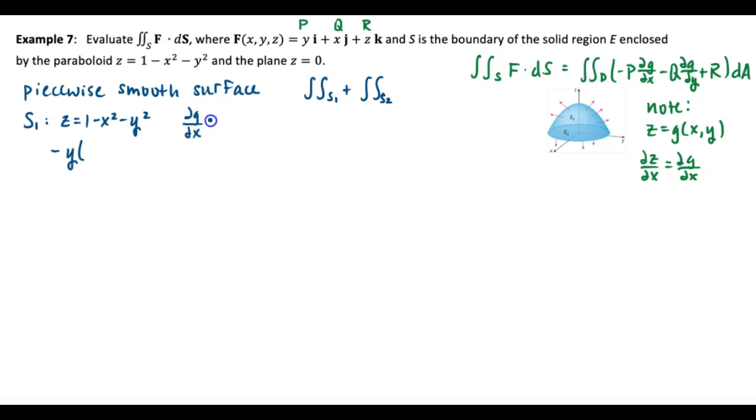The partial of g with respect to x, the same as the partial of z with respect to x, is going to be negative 2x. The partial derivative of g with respect to y is going to be negative 2y. And so for this integrand over S1, we're going to have negative y times negative 2x minus our Q, our Q is x, times the partial of g with respect to y, which is negative 2y, plus z.